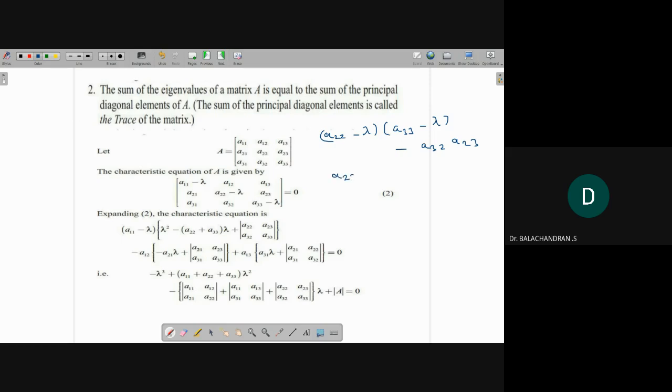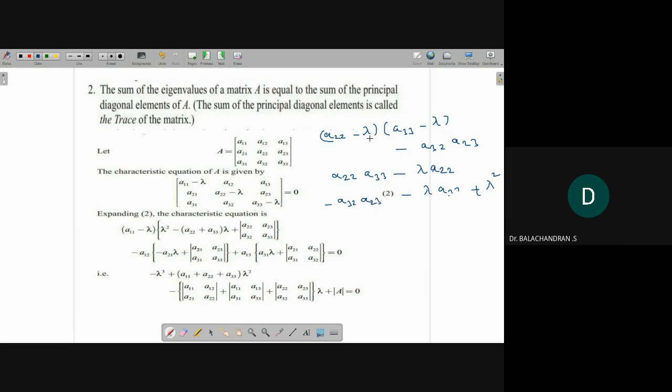Now multiply these two: A22 into A33, minus A22 into lambda, minus lambda into A33, plus lambda square. Minus A32 into A23.